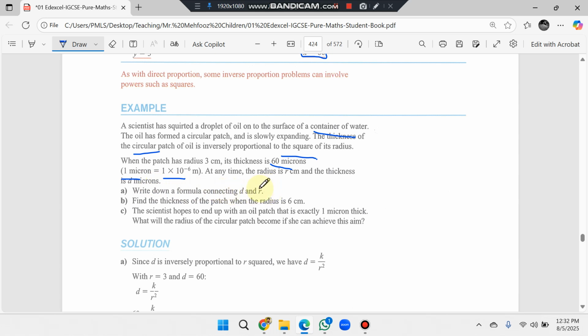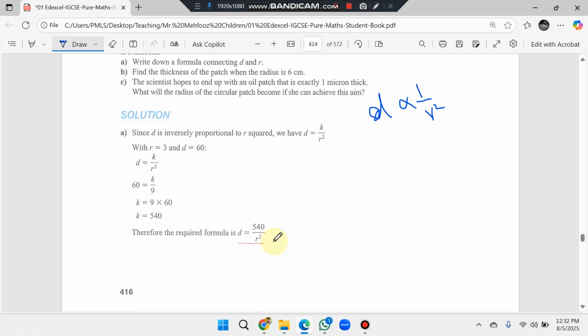Since d is inversely proportional to r squared, d is proportional to 1 over r squared. So we can write d equals k over r squared. We put in the values of r and d.